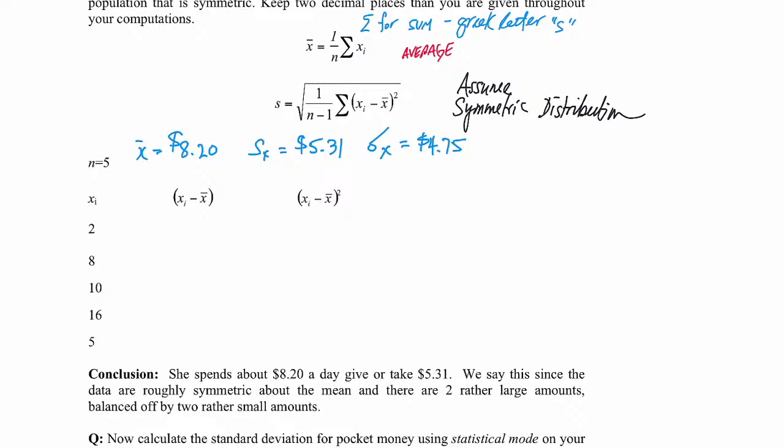Which one is your standard deviation? This is the sample standard deviation, which I want to try and calculate next. This is the sample standard deviation calculated like this. But what is this one? So SX is the sample standard deviation. It's $5.31.